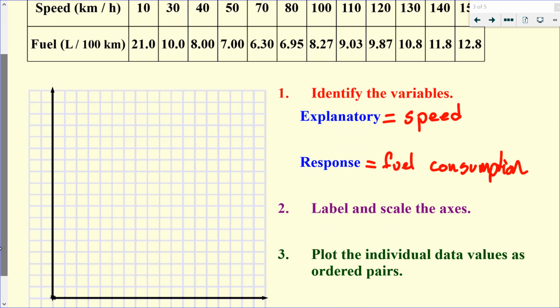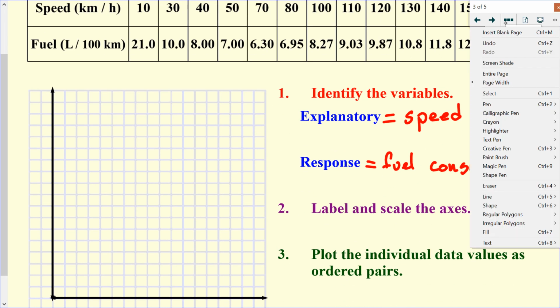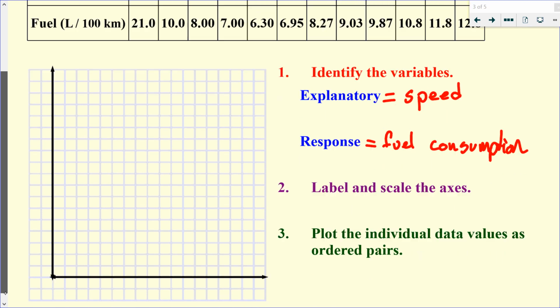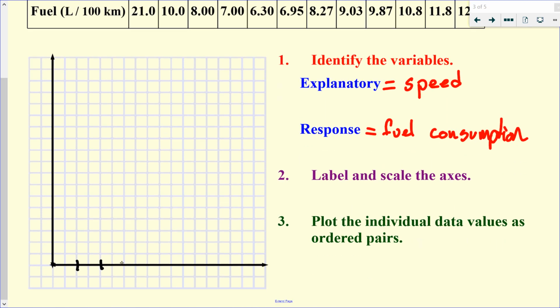Let's go ahead and look at our axes. Switch to our black pen. Okay, so that's going from 10 to 150 in speed. Let's write it down here. 20, 40, 60, 80, 100, 120, 140, 160.